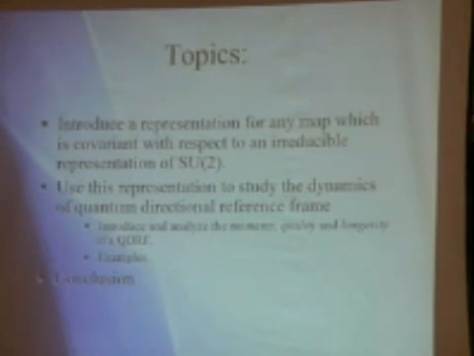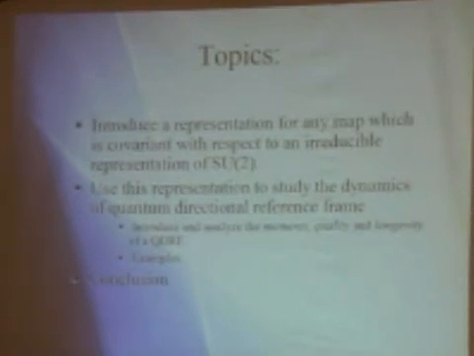In the first part of my talk, it's going to be much more mathematical. I'm going to give a polynomial representation for any map that's covariant with respect to an irreducible representation of SU(2).